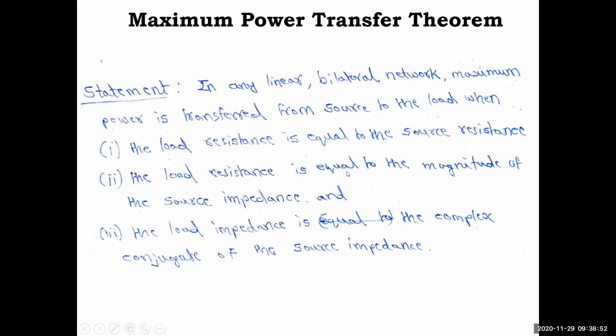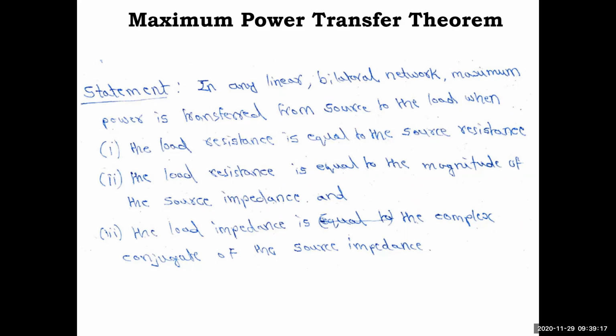The first case: when the load resistance is equal to the source resistance. Maximum power is transferred from source to the load when the load resistance is equal to the source resistance, or Thevenin's resistance. When both are resistances, this theorem holds good. The source is also a resistance and the load is also a resistance, and they should be equated.